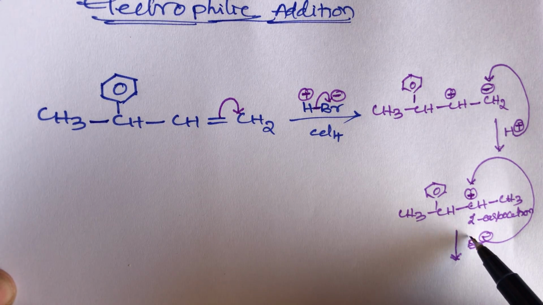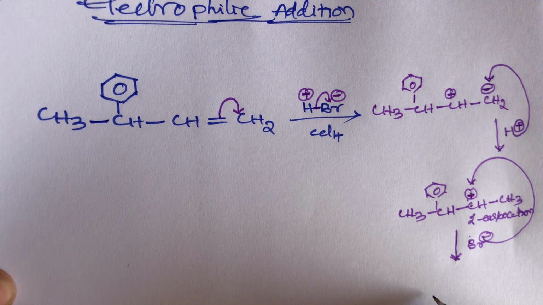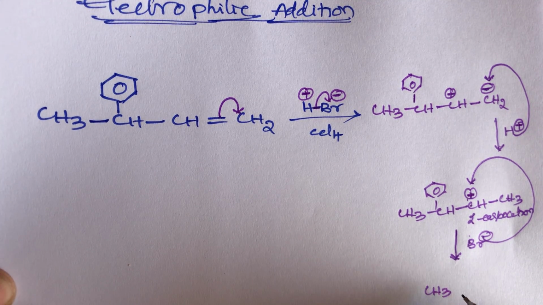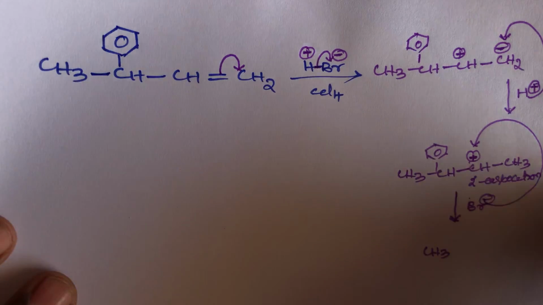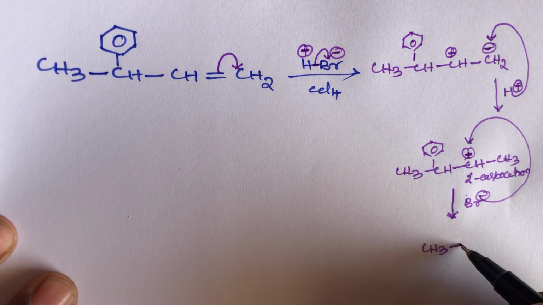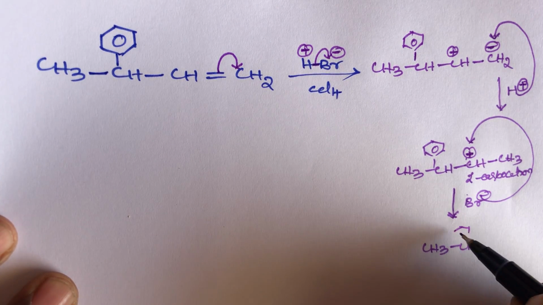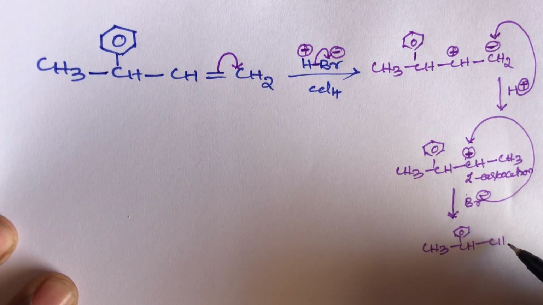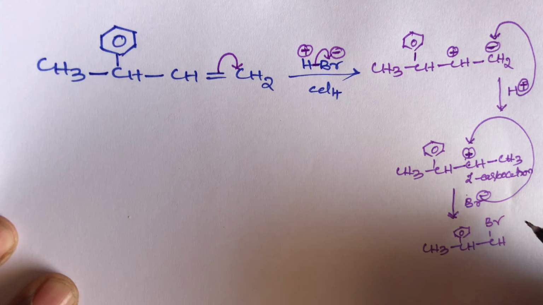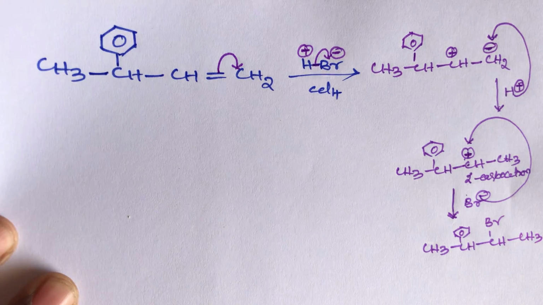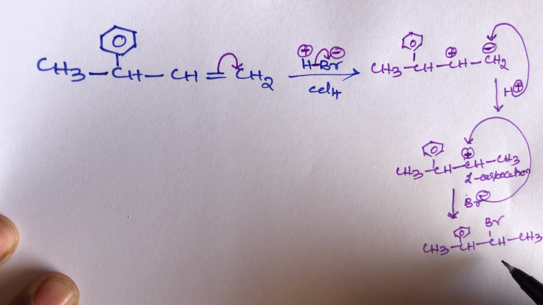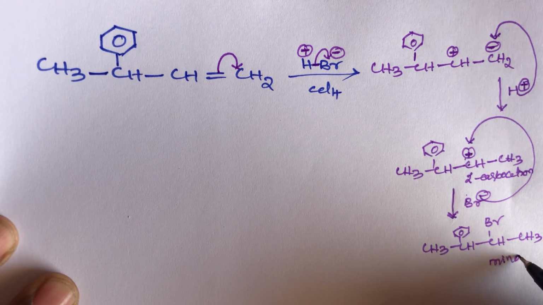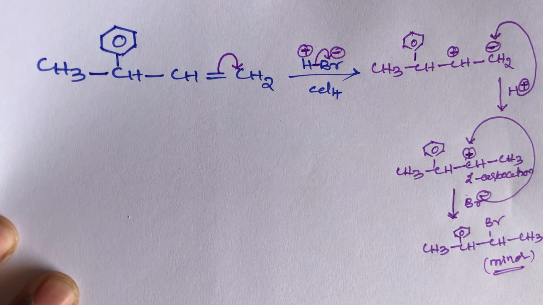So this Br minus will attack this position. What is the final product? CH3 CH, then phenyl here, CH Br, then CH3. This is the final product, but it is the minor product, not the major.